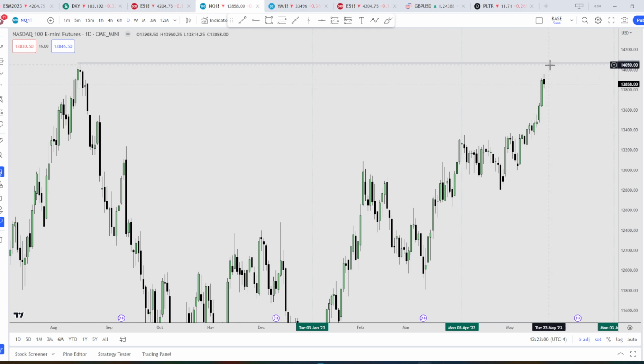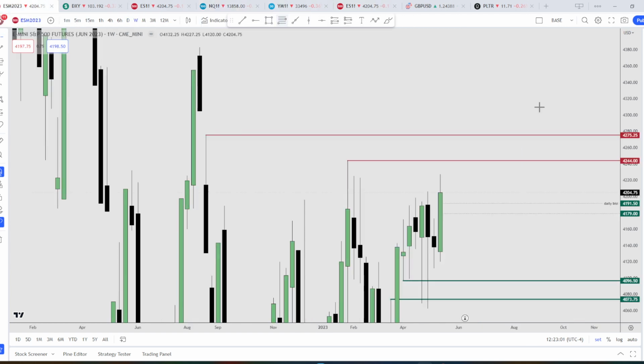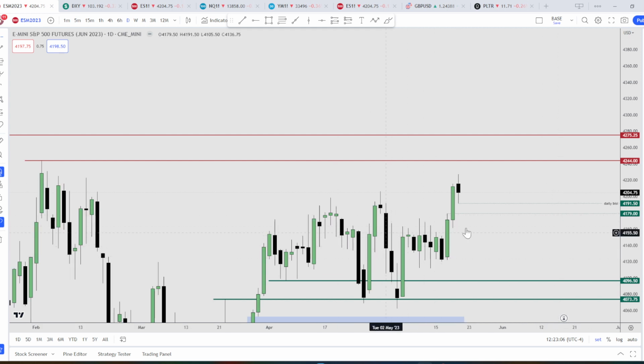And looking to see if there are any long-term reversals coming up, but still to be seen for equities. Quite choppy, which has expanded away from the daily range as well. Yes. All right.